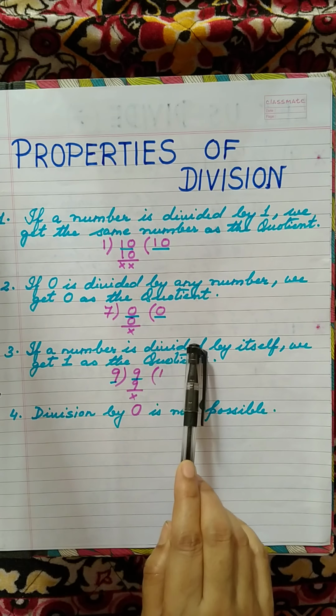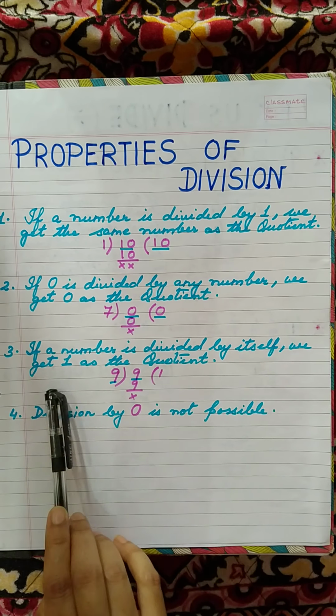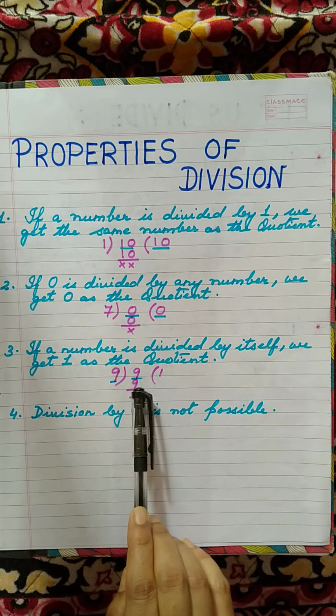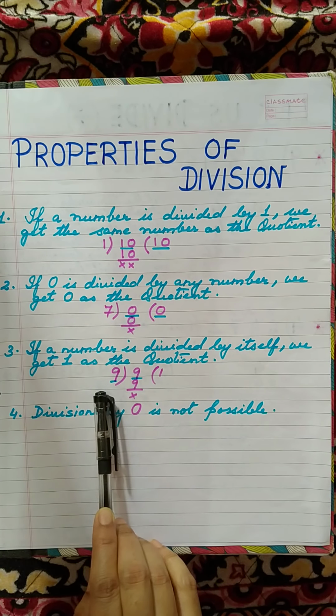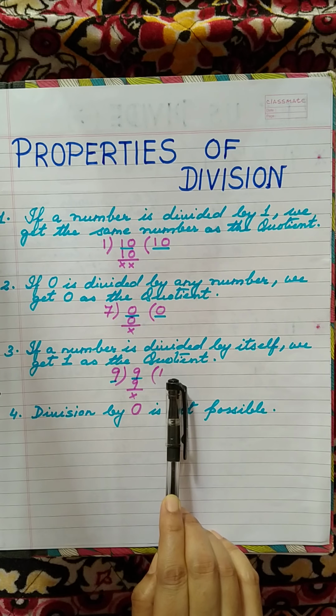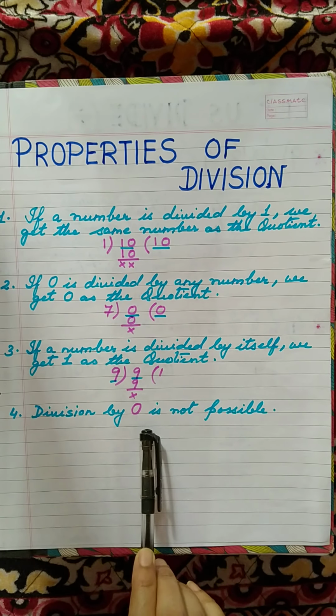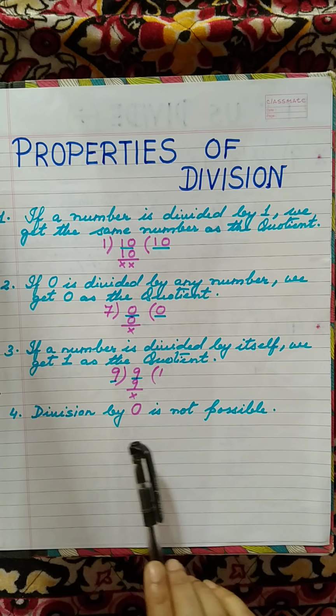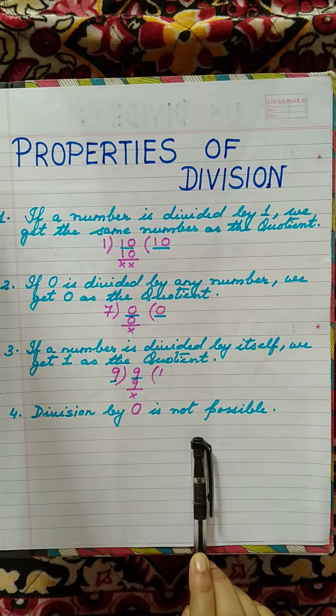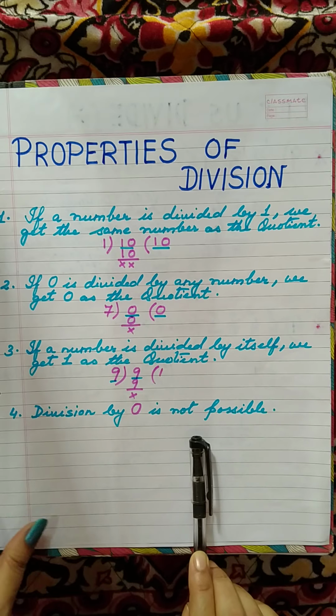If a number is divided by itself, we get 1 as the quotient. 9 divided by itself, 9, we get the answer as 1 here. Division by 0 is not possible. Children, we have to remember that we cannot divide a number by 0.